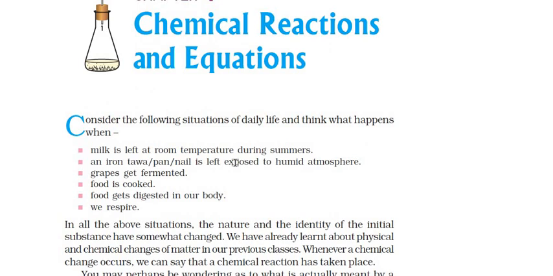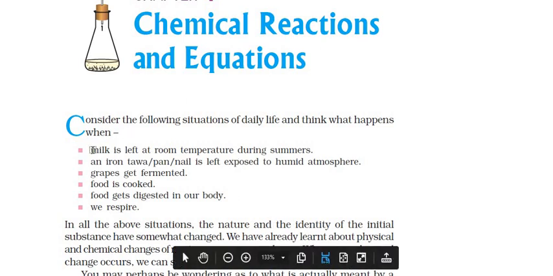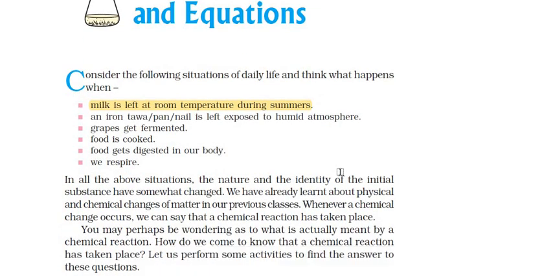There are various instances in our daily life in which new substances are formed and we fail to acknowledge those processes as chemical reactions. For example, milk, when it is left at room temperature during summers, its taste changes, its color changes, and that is because a chemical reaction has taken place.